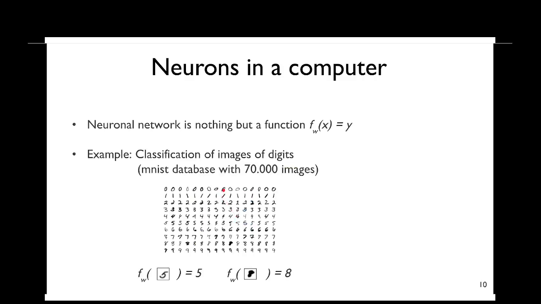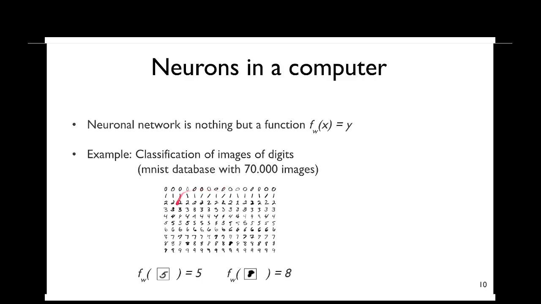Let's give a more practical example of what that means, that a neural network is nothing but a mathematical function. One task where neural networks are successful is image classification. And one specific image classification task is the identification of digits in images. There's a very well-known data set called MNIST, which comprises 70,000 handwritten digits.